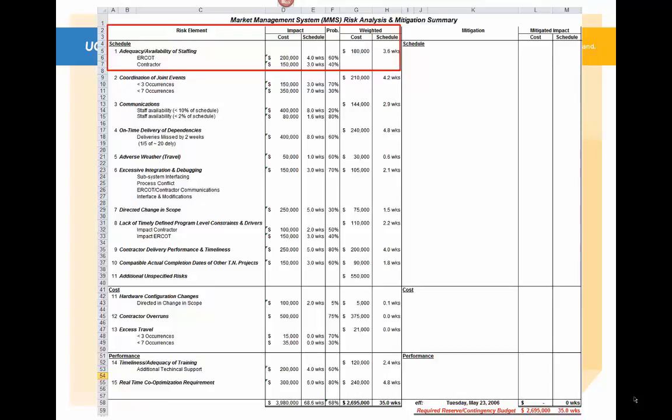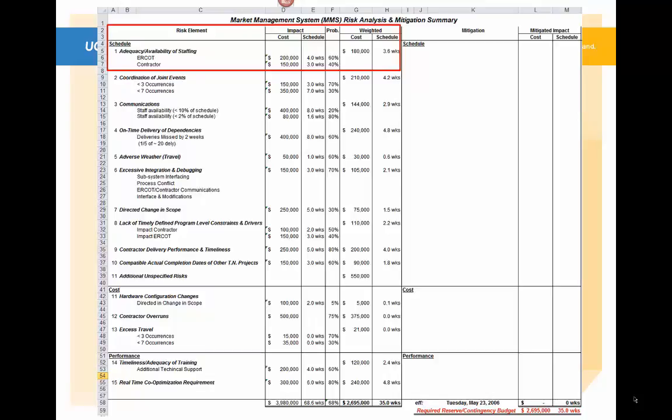So if staffing is not available or not available on time or not adequate, that's a risk. And what I have detailed in this particular risk is that I've evaluated the cost impact should the customer not be able to supply the proper staffing at the right time.